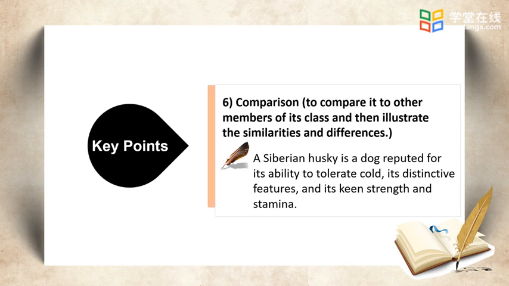For example, to discuss a Siberian Husky, you can compare it to other dogs, such as lapdogs, mutts, or sporting dogs. Analogy can also be used when you hope to explain something abstract and unfamiliar to the readers by comparing it to something more concrete and familiar.